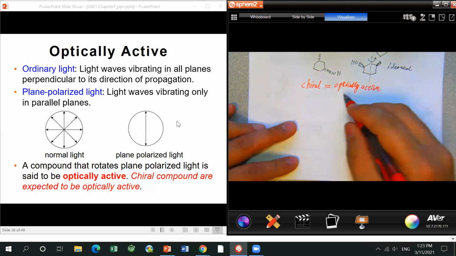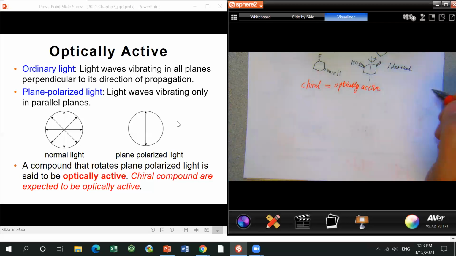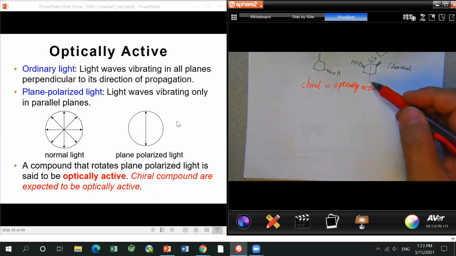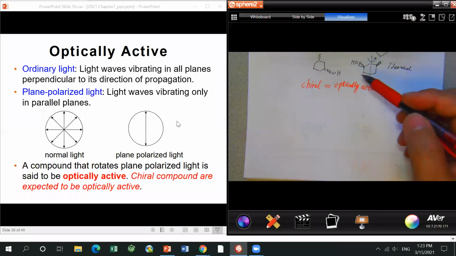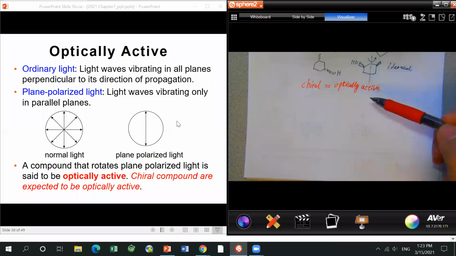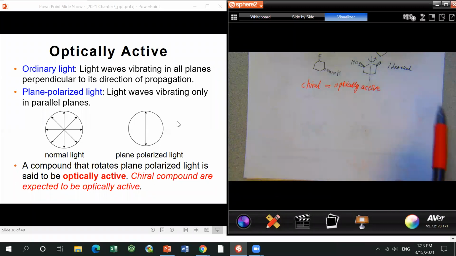In a future exam or quiz, if a question asks whether this molecule is optically active, it is actually asking whether this molecule is chiral or not. In other words, achiral equals optically inactive. That's just the same thing described differently.